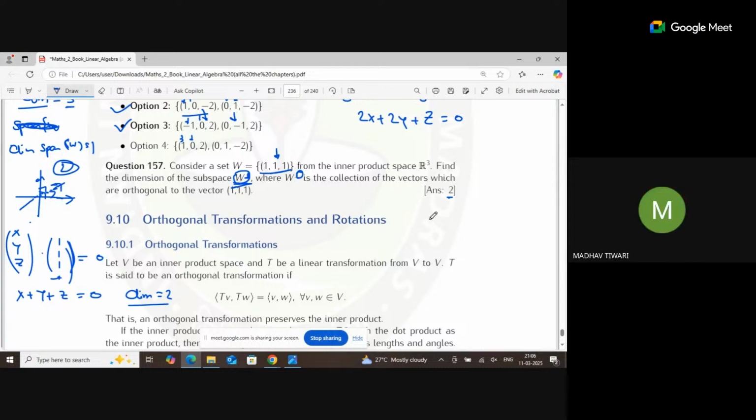If I have a vector here in this way, I want all the vectors that are perpendicular to this. If I have this whole line, I can have this plane here. Any vector I take in this plane will be perpendicular to this vector. So this is a plane. What will be its dimension? 2 dimensions. That's why I put it here. Okay.